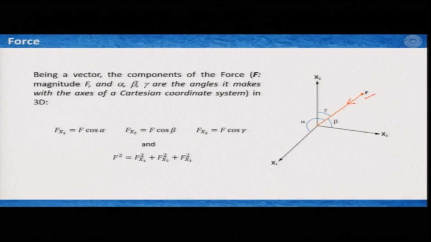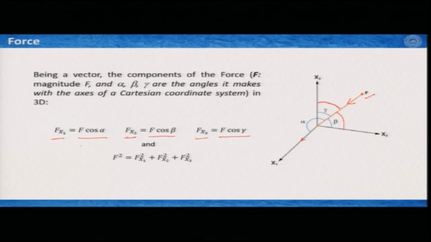If we assign f x1, which is acting parallel to the x1 direction, then it is f cos alpha, where alpha is the angle between the force vector and the x1 axis. Similarly, you can have f x2, which you can represent by f cos beta, where beta is the angle between the force vector and the x2 axis of this coordinate system, and f x3, which is f cos gamma, where gamma is the angle between the vector f and the axis x3 of this Cartesian coordinate system.